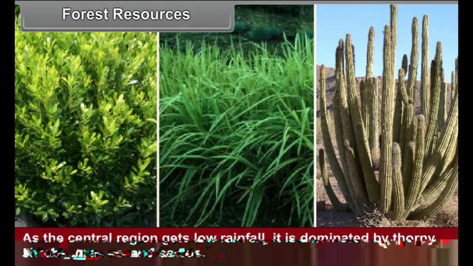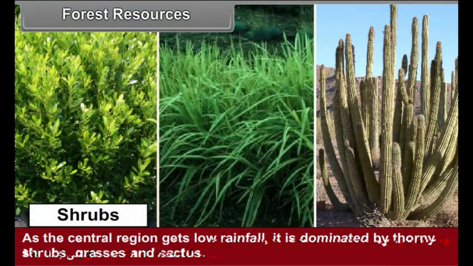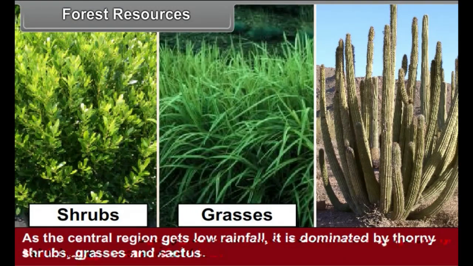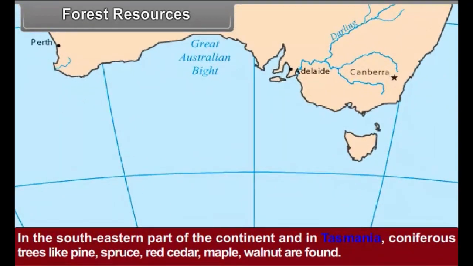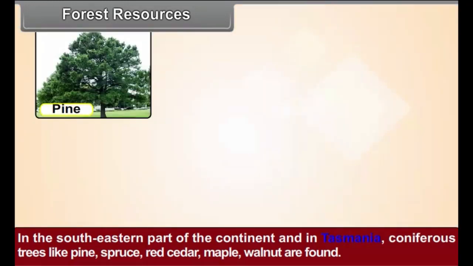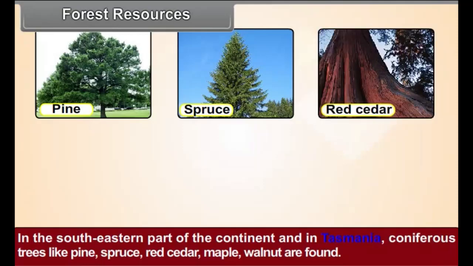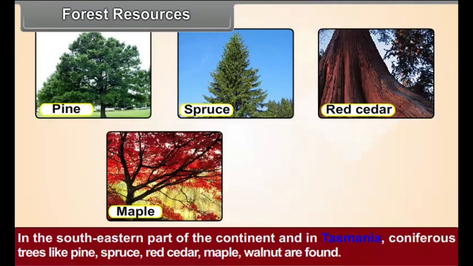As the central region gets low rainfall, it is dominated by thorny shrubs, grasses and cactus. In the southeastern part of the continent and in Tasmania, coniferous trees like pine, spruce, red cedar, maple, walnut are found.